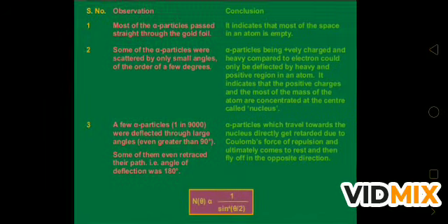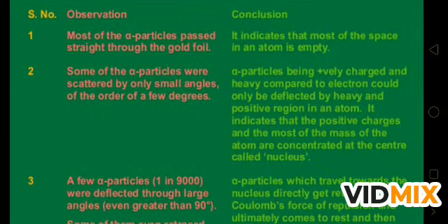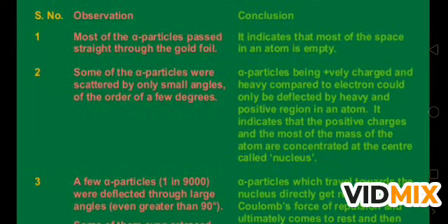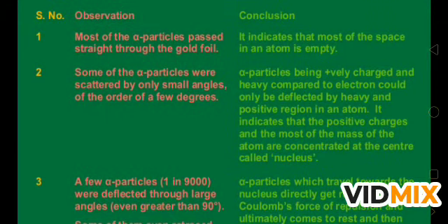Now, the observations and conclusions we had also discussed in the previous chapter, so we are going to revise them again. Observation first: most of the alpha particles pass straight through the gold foil. The conclusion is that most of the space in an atom is empty. Observation number 2: some of the alpha particles were scattered by only small angles, of the order of a few degrees.